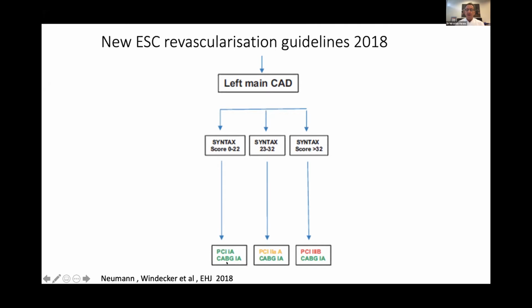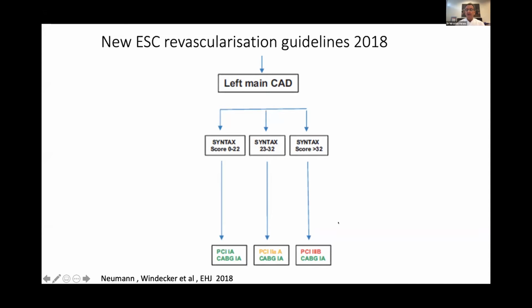In intermediate SYNTAX score, there is a green light for CABG; you could go with PCI, but it's not really first line.